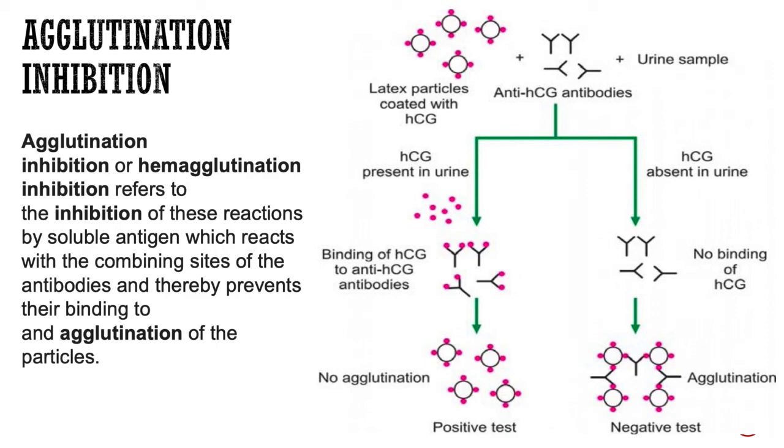They will bind with the latex particle coated with HCG. So it will give the negative result, with only one coloration. Only one color will show in the kit, but in the positive case, it will show two colors, just because of the latex particle coated with HCG.